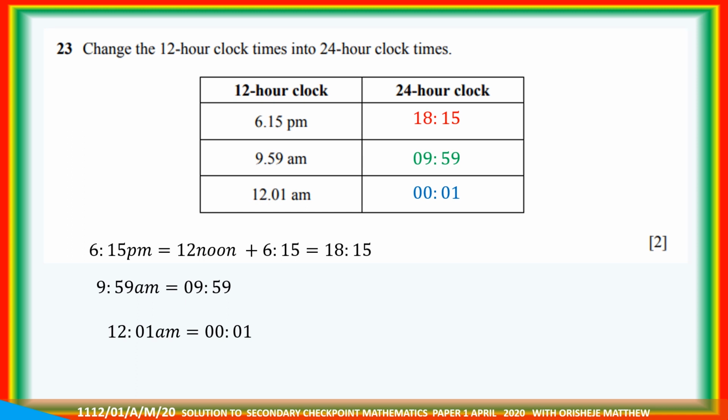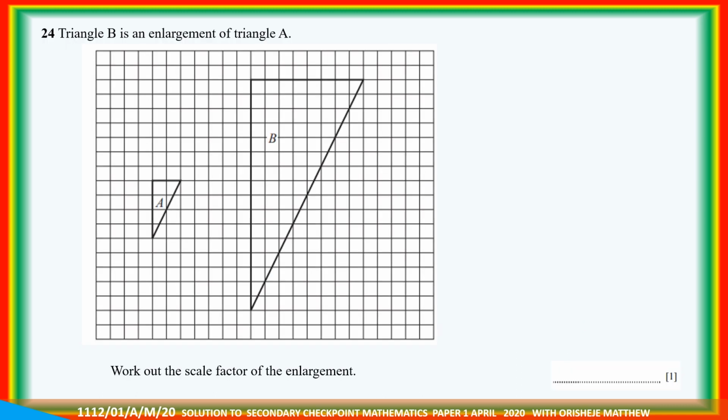So that is about that. Note, 9:59 is not accepted. Don't write 9:59 a.m. as 9:59 in 24 hours. The mark will not be given to you. It is wrong. Let's go to question 24.